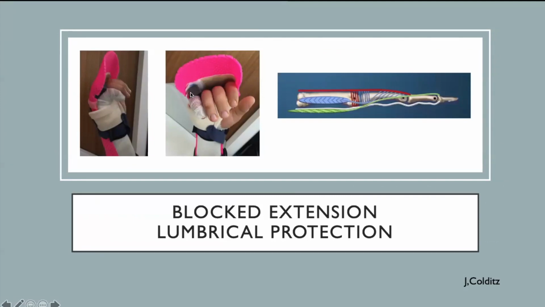We popped a little sponge in behind it to block the MCP into more flexion, and she was practicing her PIP and DIP joint extension in that. The nice thing about this is you get to use the lumbrical protection provided by the lumbrical, which arises from the FDP tendon, which encourages some slackness in the FDP whilst you're achieving good PIP and DIP joint extension.